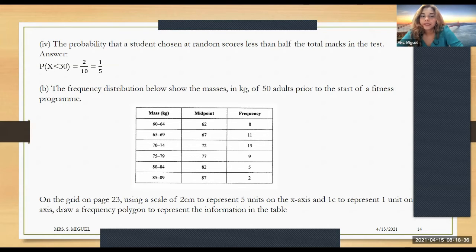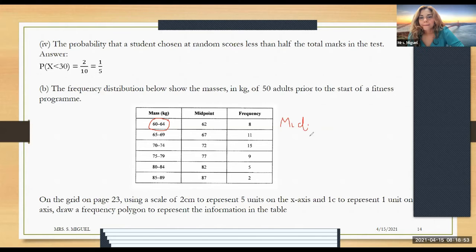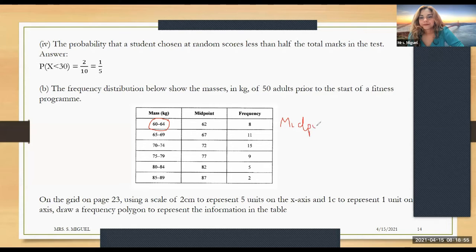So the midpoint of the first interval, 60 to 64. Can someone tell me how do I find the midpoint of that interval? Anybody? How do I find the midpoint? How could I take that interval and get the number 62?